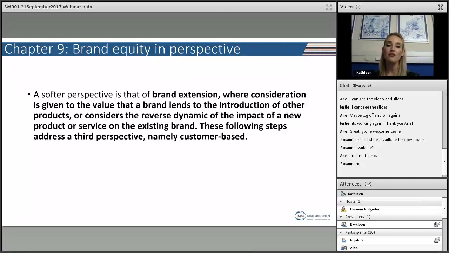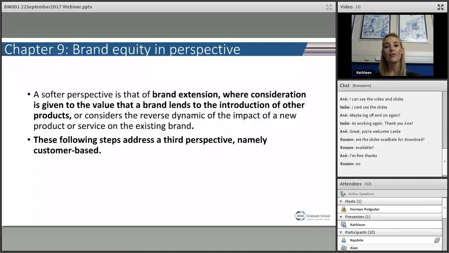The softer perspective is to look at brand extension, where we consider the value that a brand lends when we are introducing new products or offerings into the market. And basically, we will consider whether our brand would add value by attaching that brand to the new item, or if we should actually launch the new item on its own and establish a brand around it as an individual.